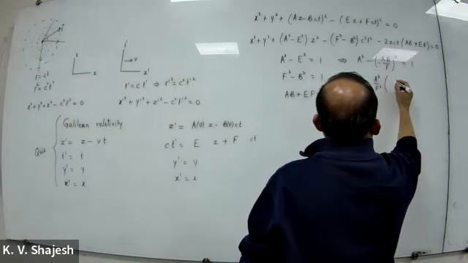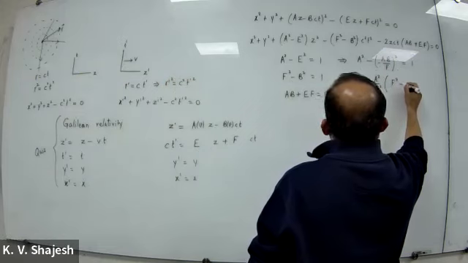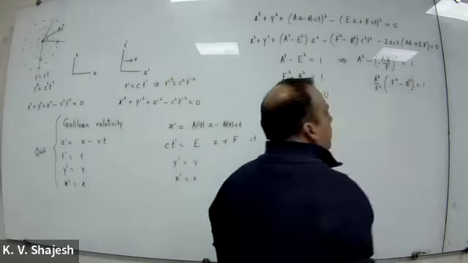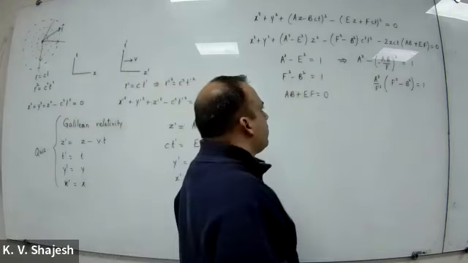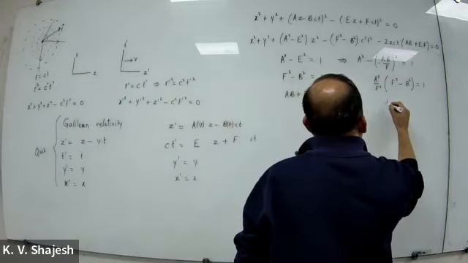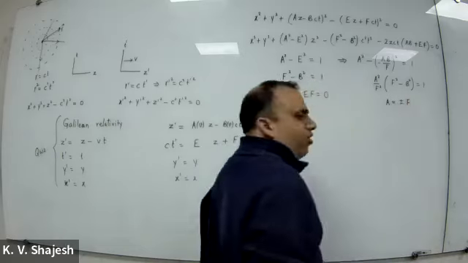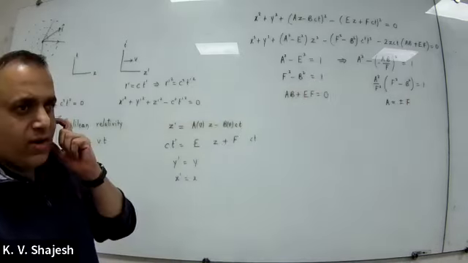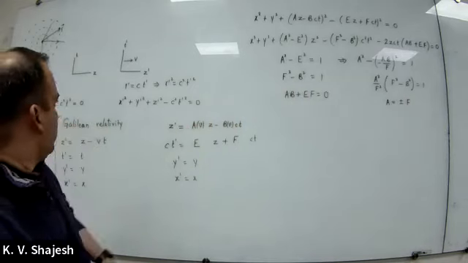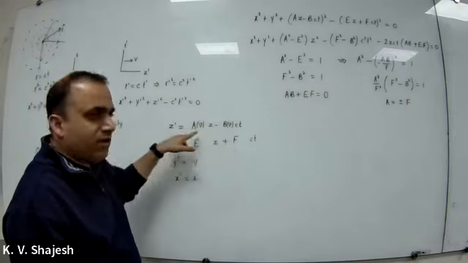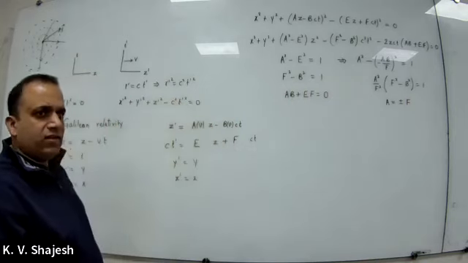A square over F square times F square minus B square is equal to 1. But F square minus B square is already 1. So this implies that A is equal to plus or minus F, or A square is equal to F square. So A and F here, they're the same.